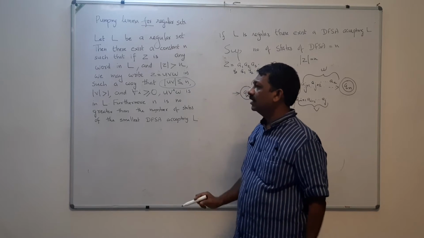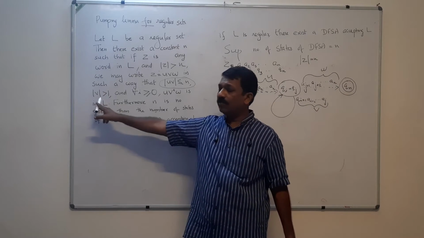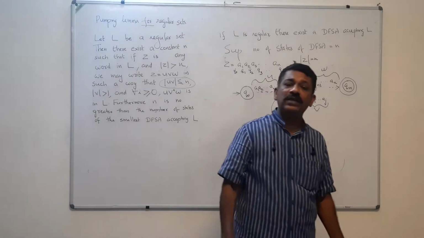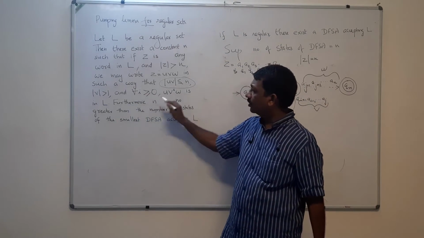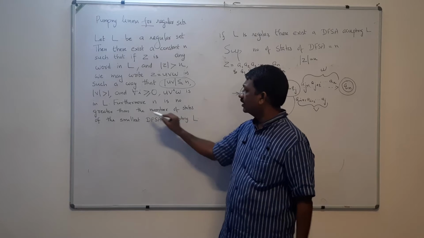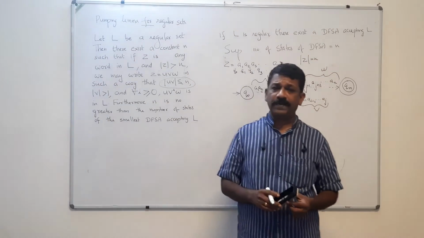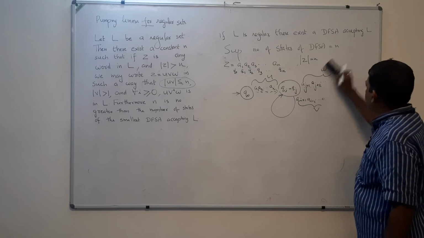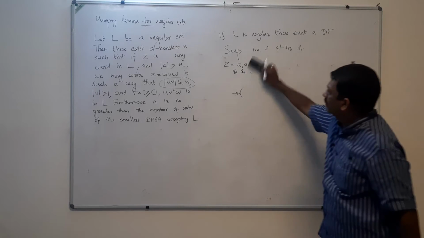Also, modulus of V should not be null, that means the length of V should be at least 1. Furthermore, for every i greater than or equal to 0, U V raised to i W is in L. Furthermore, n is no greater than the number of states of the smallest DFA accepting L. This is the pumping lemma for regular sets, and its application is to prove certain languages not regular.